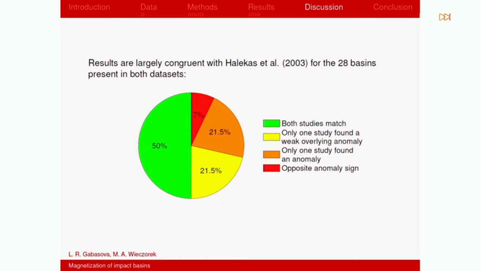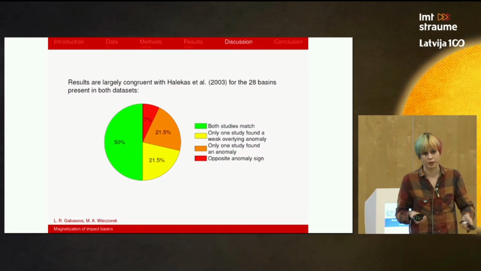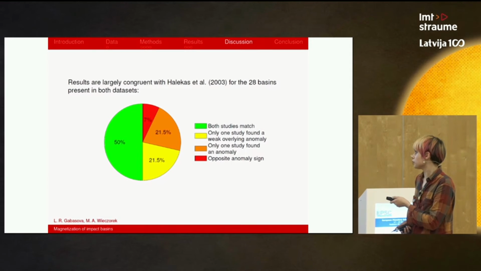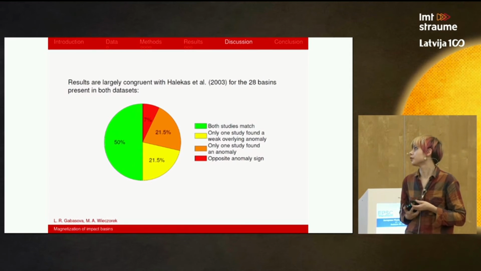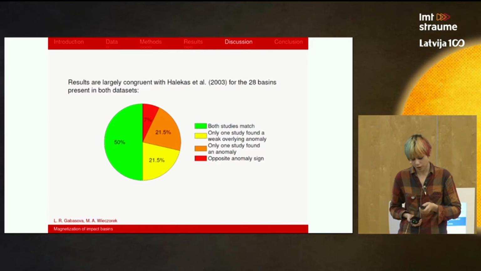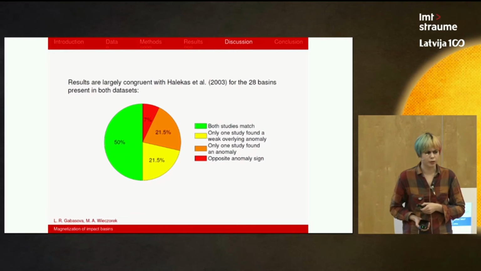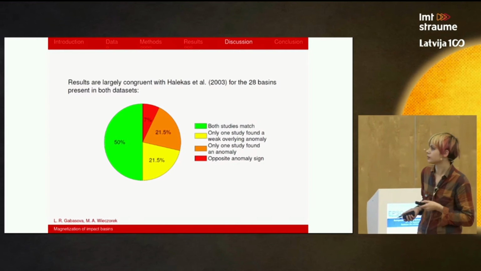Then 21.5% is where one of the studies did not resolve this weakly magnetized anomaly. So one study has it, for example, as demagnetized or neutral, and the other one has a demagnetized with a peak. And then 21.5% again is where only one of the studies actually found any anomaly at all. And then there are 7% where the sign is completely opposite, and those are slightly weird, but there are not many.